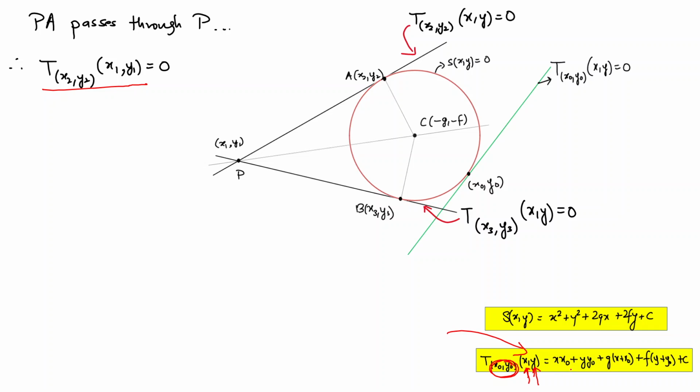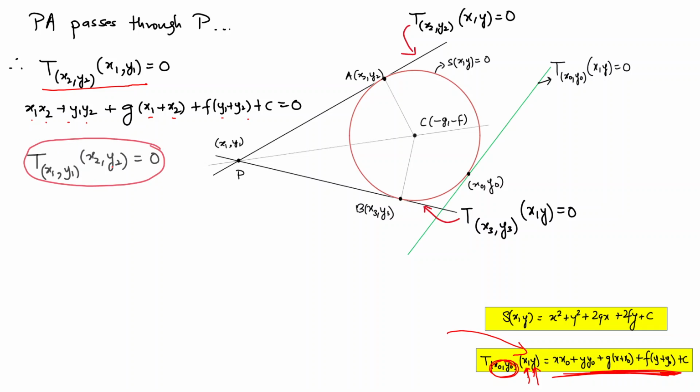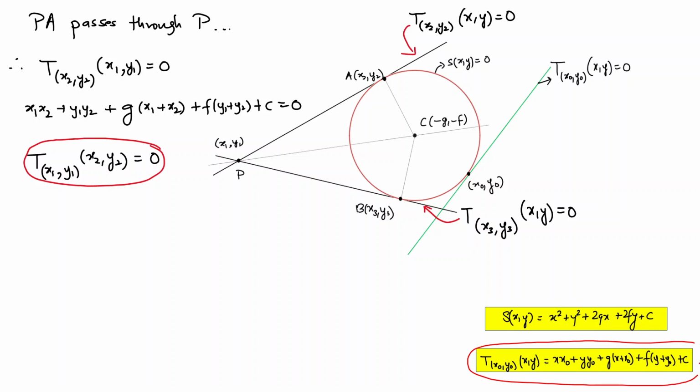So using this expression, you'll get x1x2 + y1y2 + (x1 + x2) + (y1 + y2), everything is symmetric. And you can say that this is like T(x1, y1) at (x2, y2) equal to 0. You see, this is your T here. You can verify that this is true.